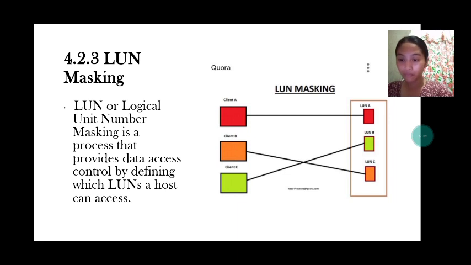So LUN masking function is implemented on the storage array. This ensures the volumes accessed by a host is controlled appropriately, preventing unauthorized or accidental use in shared environments. So LUN masking ensures that the data are secured and those unauthorized persons or hosts cannot access those information that are not available for them.